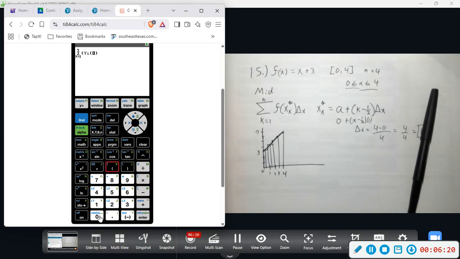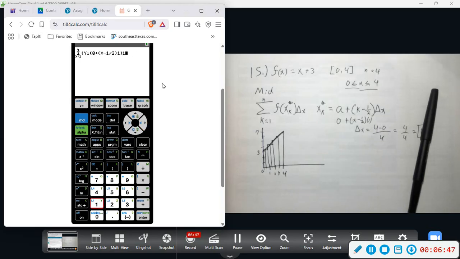So we're going to do 0 plus, and then in parentheses, I'm going to do x minus 1/2, and then times 1. So this is the height again, and then at the end, the times 1 doesn't really change anything, but I'm just putting it so you guys can remember.